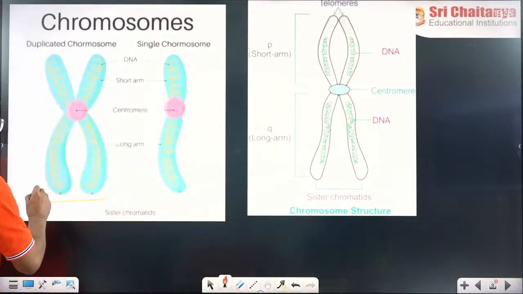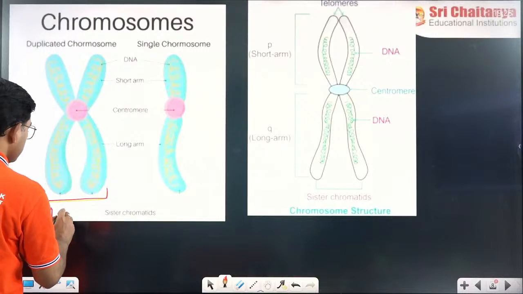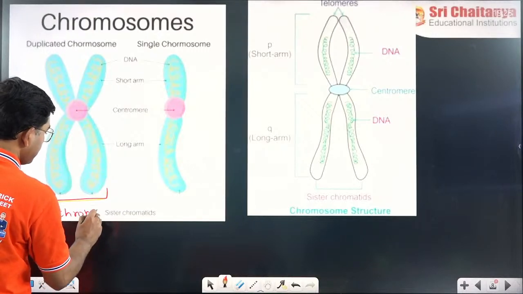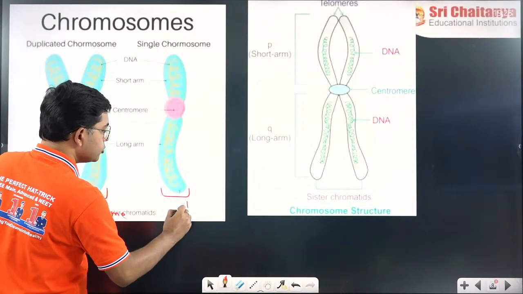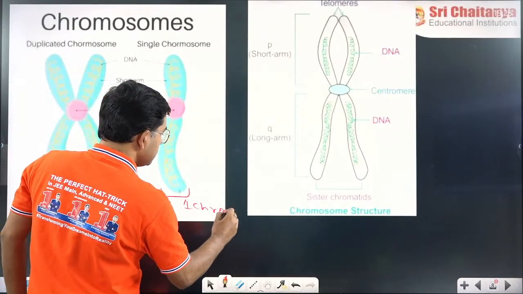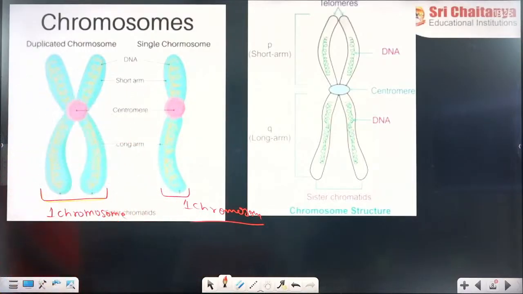This is how many chromosomes? Tell me. This is also one chromosome. Both are one chromosome. Then what is the difference between them?